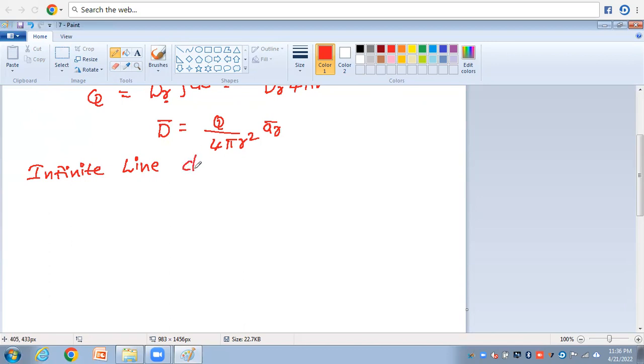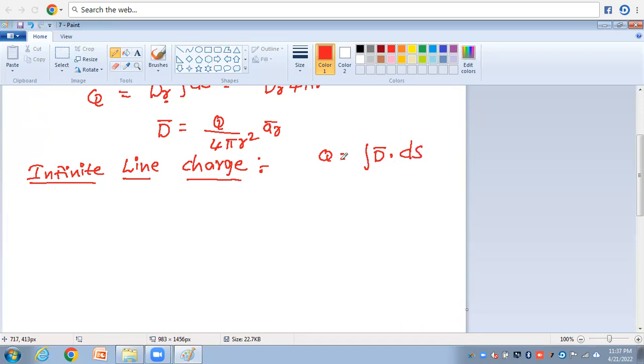That is more than enough for understanding these applications of the Gauss law. This is the infinite line charge. Same category; in this case you consider a line surface. Now here, same: Q equal to integral D bar dot dS.